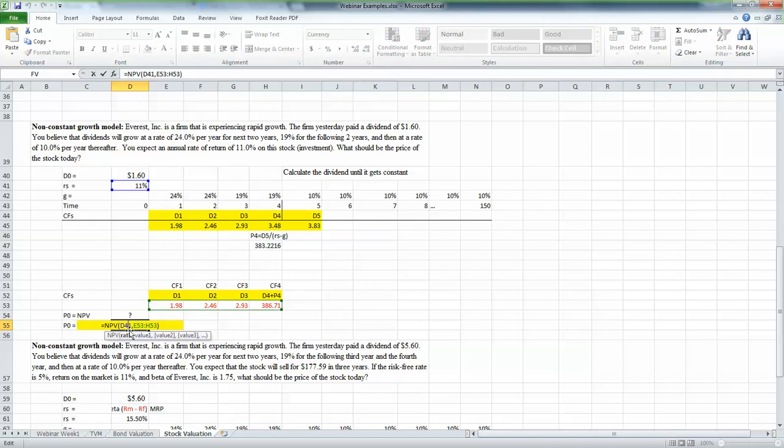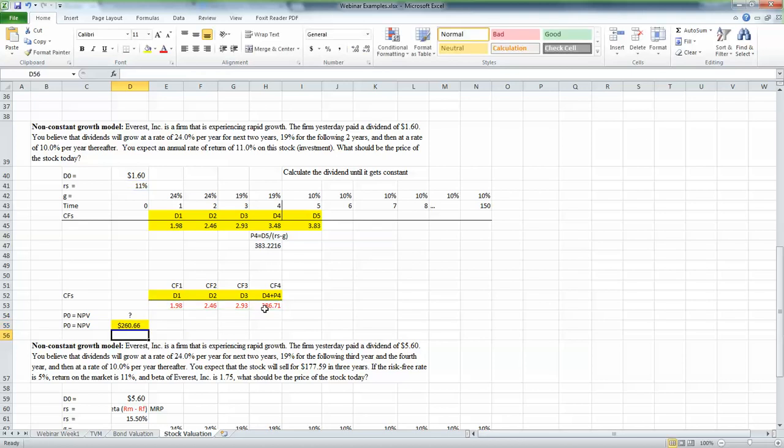So basically use the NPV function, and it says the rate. So the rate here is the discount rate. Don't go, now you are done with the growth. Okay, ignore the growth. So all you need to use is the discount rate. So you have 11%, and then it says comma, and then you just select these numbers and close the parenthesis, and here is your NPV.